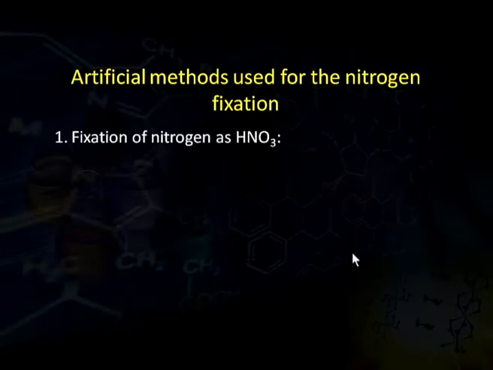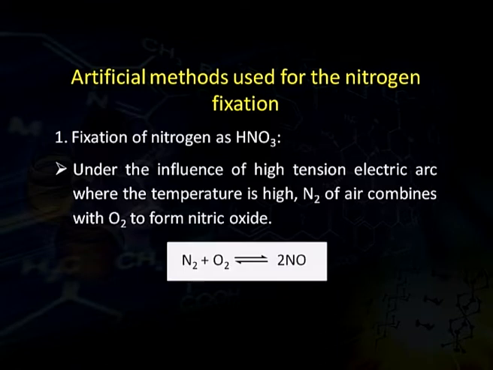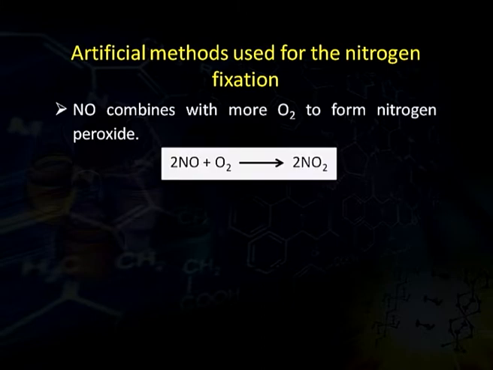So, the first method for nitrogen fixation artificially is fixation of nitrogen as HNO3, that is nitric acid. Under the influence of a high tension electric arc where the temperature is high, nitrogen of the air combines with oxygen to form nitric oxide. N2 plus O2 forms NO, that is nitric oxide. Now, this nitric oxide combines with more oxygen to form nitrogen peroxide.